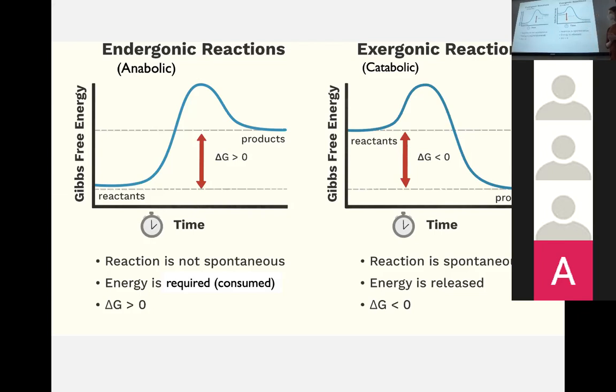That means delta G is below 0. Anytime you see a delta G that's negative, it's an exergonic reaction. These reactions are always spontaneous, so they just happen. They don't really need a whole lot of help to get started happening.